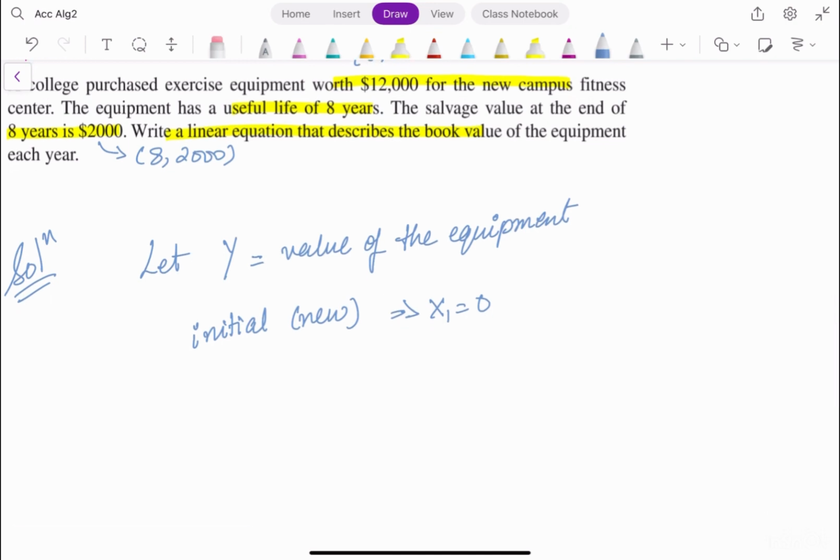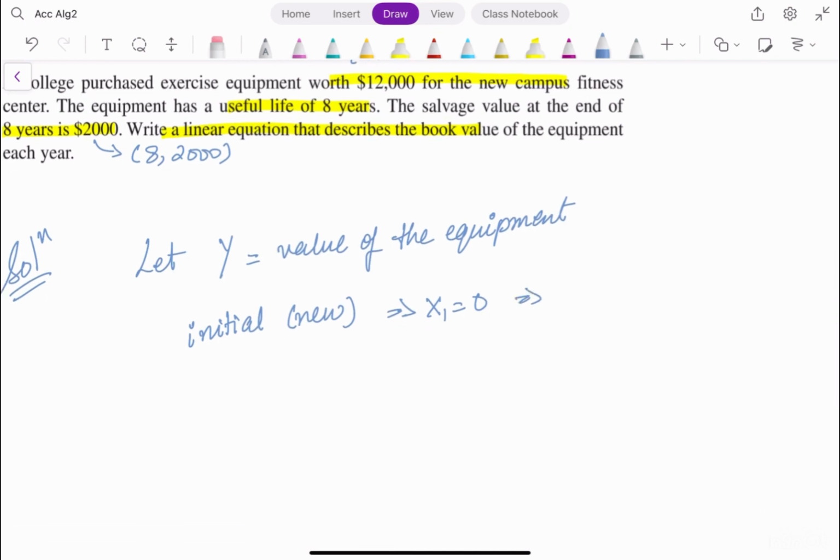Now, after the depreciation, that means after 8 years, that will be (0, 12,000). And after 8 years, the price is 2,000. So it has depreciated over the years.